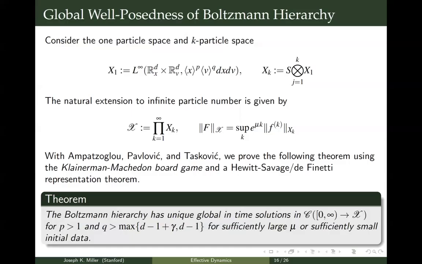So that's how you close those kinds of estimates, if you can iteratively use this Dyson series to get smallness. Okay, cool. So this was the Boltzmann hierarchy.